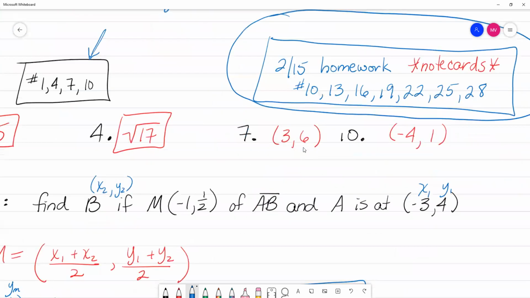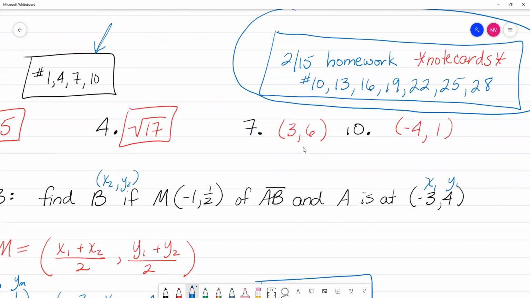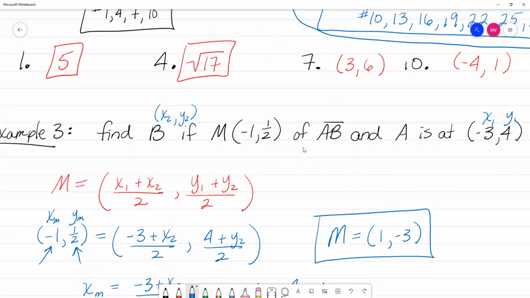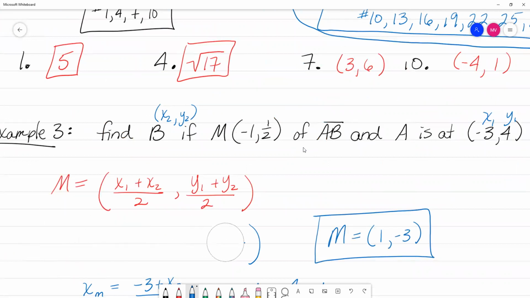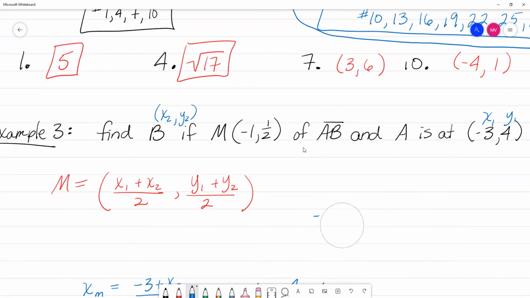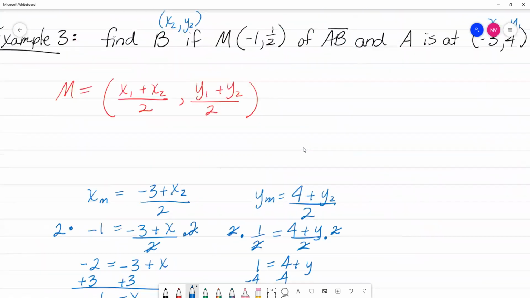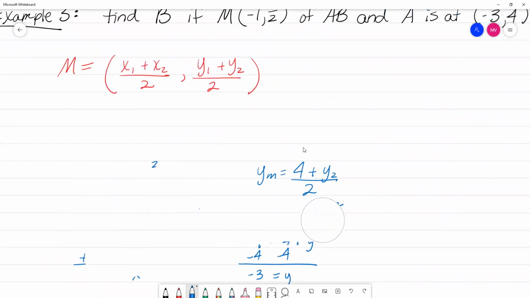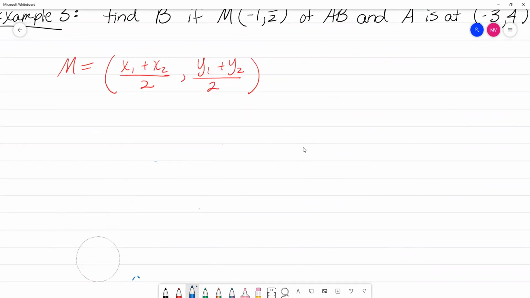All right, so let's look at the work through of example 3. So in this case, let me just take this away for a second. We are using the midpoint formula, but in this instance, we already know our midpoint and one of our endpoints, but we're having to use that information to calculate the second endpoint.